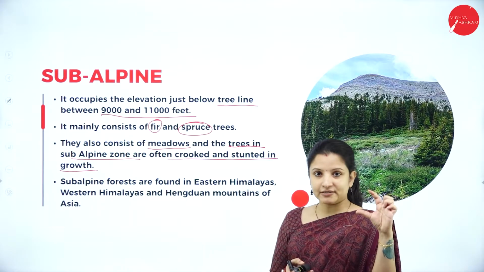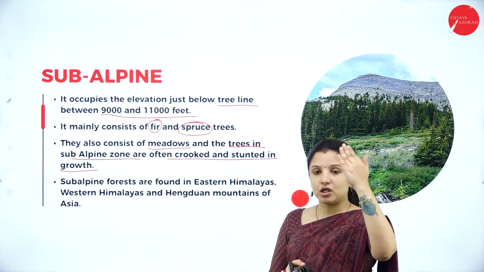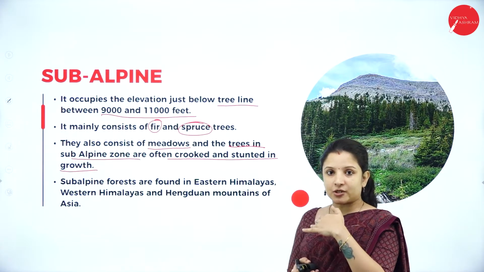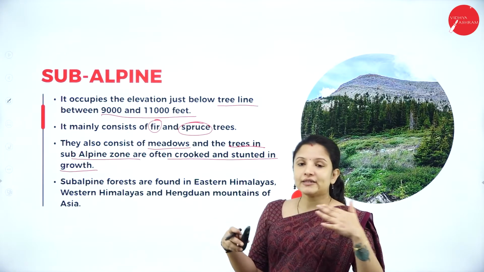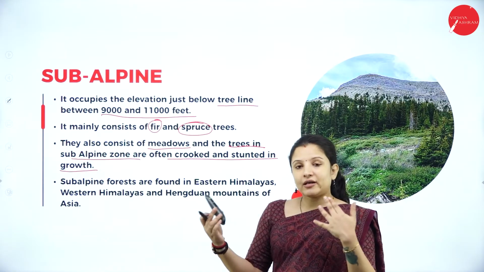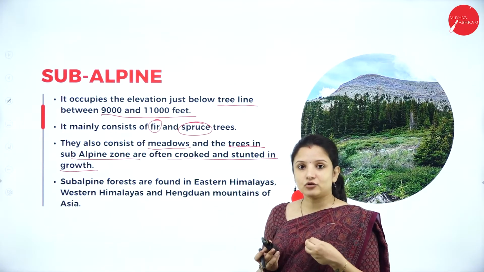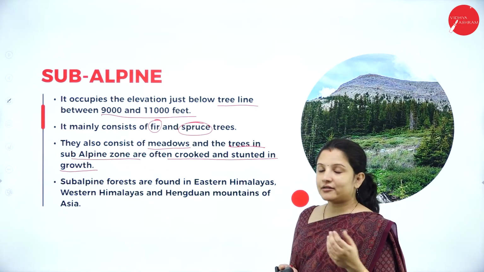So therefore, the trees that are growing above this region will prevent the entry of sunlight to the subalpine region. Therefore, the trees growing in the subalpine region have to grow in such directions wherein they receive the sunlight. Wherever a gap is there where they receive the sunlight, they'll have to grow. So that is why they appear to be crooked in nature, with crooked and stunted growth.